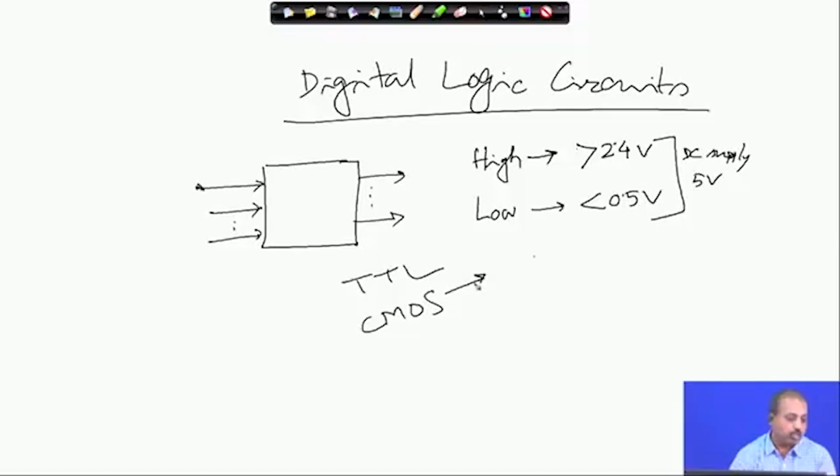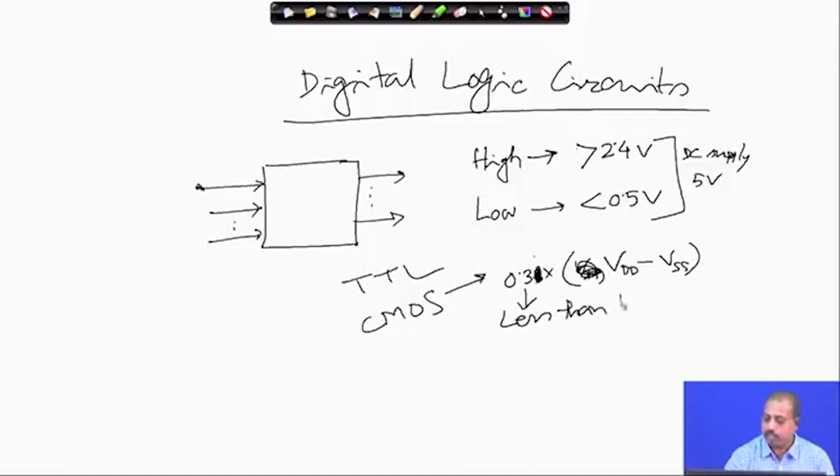For CMOS, anything less than 0.33 into VDD minus VSS is taken as logic low, and anything which is more than 0.7 into VDD minus VSS is taken as logic high.